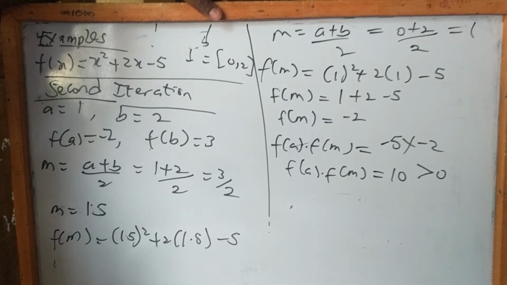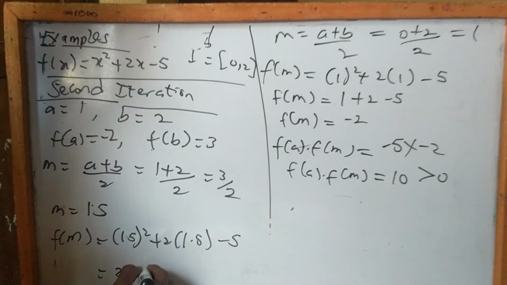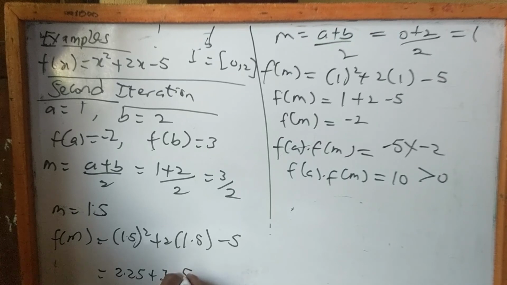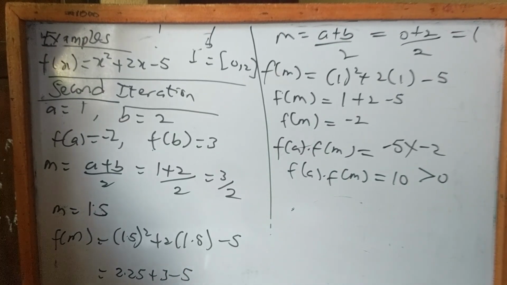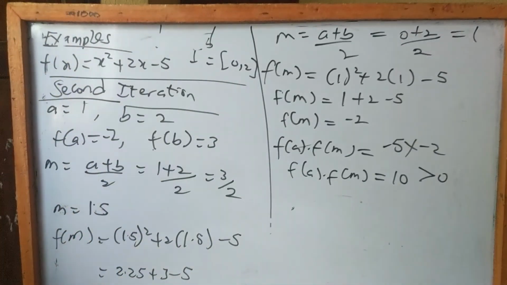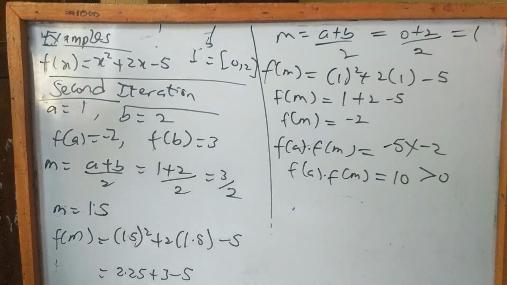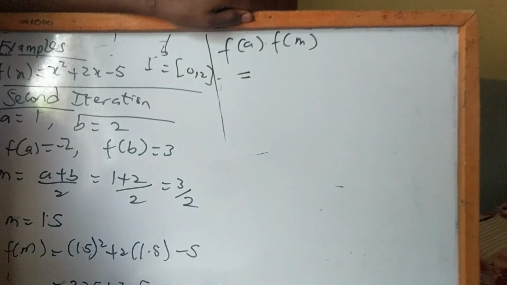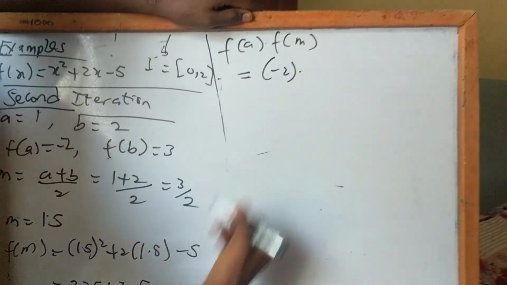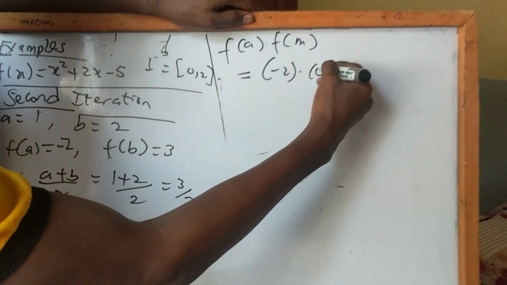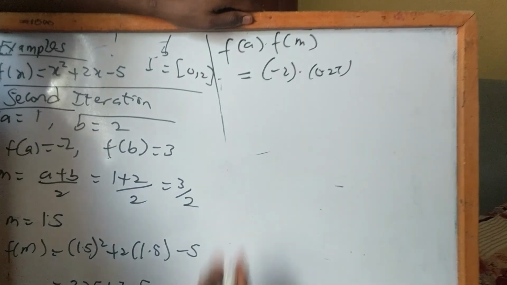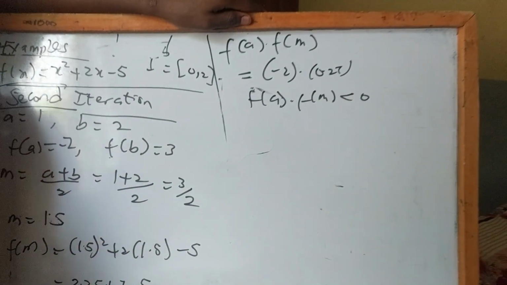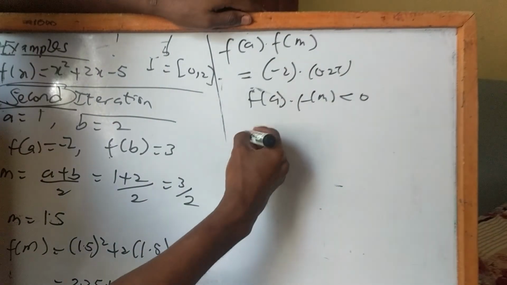So f of m, substitute 1.5 into the equation, we have what? 2.25 plus 3 minus 5, which is 5.25 minus 5, which is 0.25. Let me show you very well so you can see it properly. F of m is 0.25. So multiply both of them, you have a negative number because minus times plus is minus.